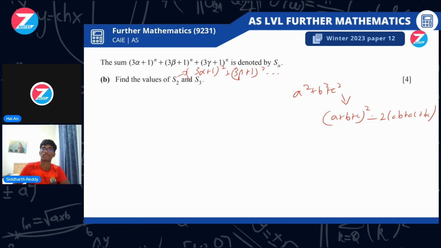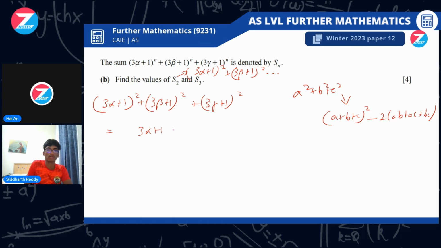So this (3 alpha plus 1) squared plus (3 beta plus 1) squared plus (3 gamma plus 1) squared, we can just write as the sum of roots, (3 alpha plus 1) plus (3 beta plus 1) plus (3 gamma plus 1), whole squared, minus 2 into the products of the roots.